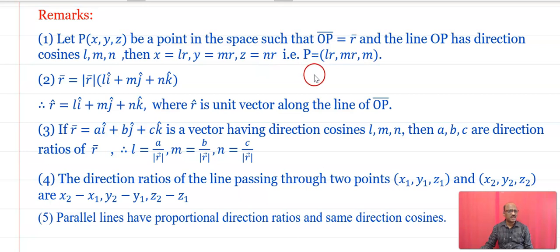That point P will be (lR, mR, nR). Also R bar is equal to mod of R bar times (l i cap + m j cap + n k cap). Therefore R cap is equal to l i cap + m j cap + n k cap, where R cap is a unit vector along the line OP bar.